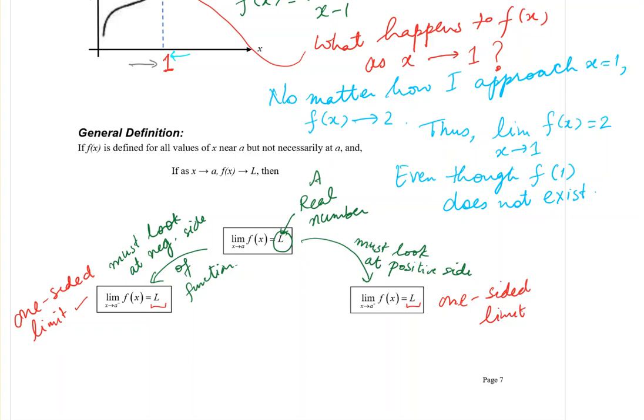Both one-sided limits, the left and right limits, must be equal for the limit to exist.